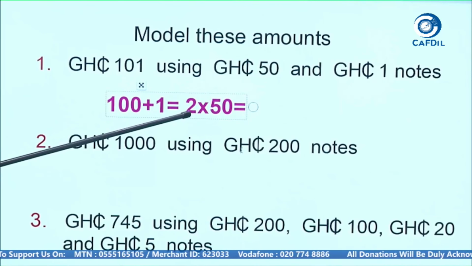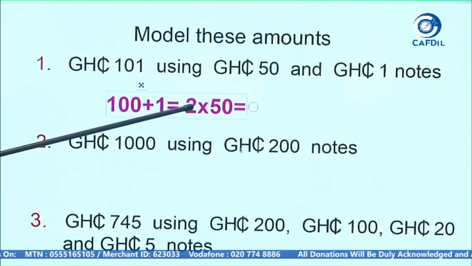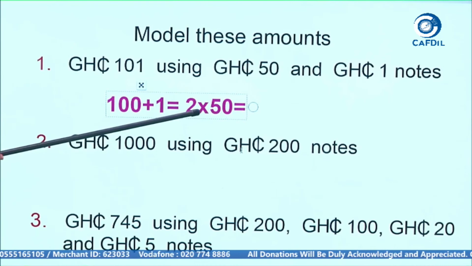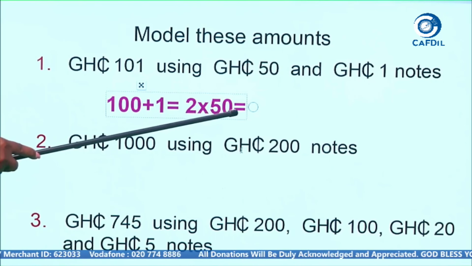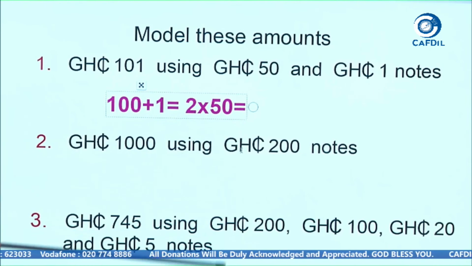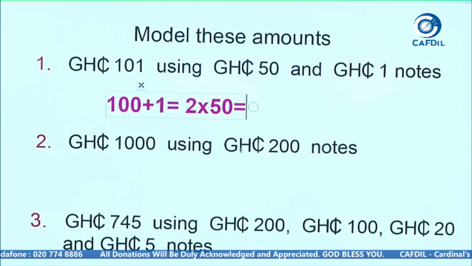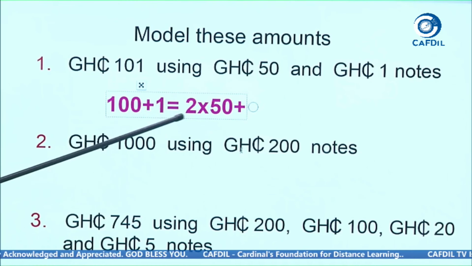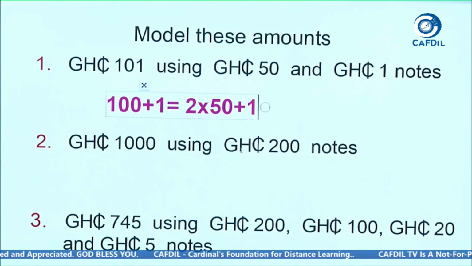The 100 cedis. This is what we have done over here. Plus, so let's bring our plus. How much is left? 1 Ghana cedi. So just 1. 1 multiplied by 1. And that will still give us 1 cedi.